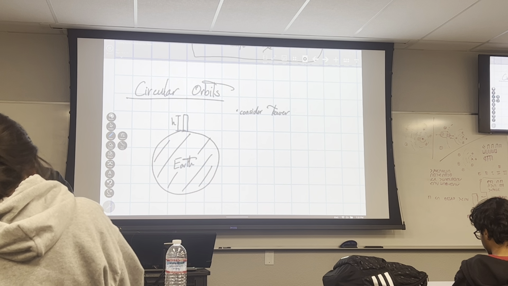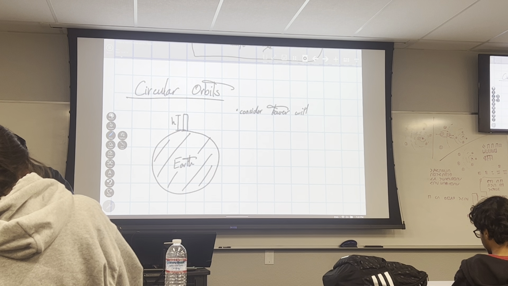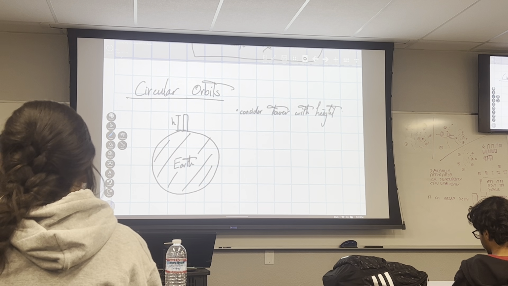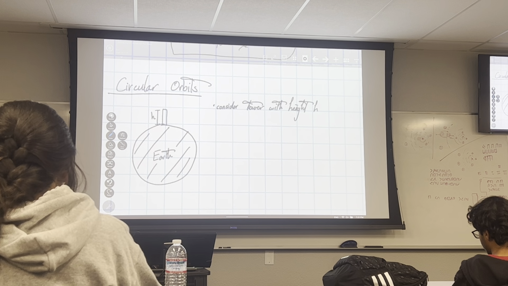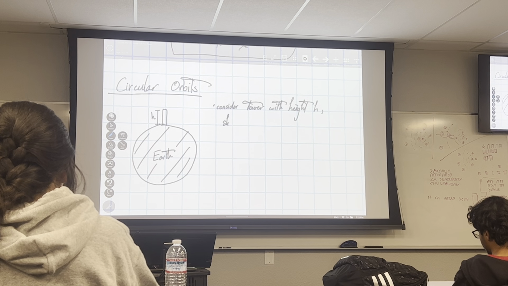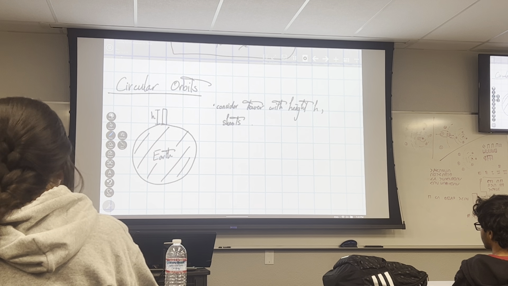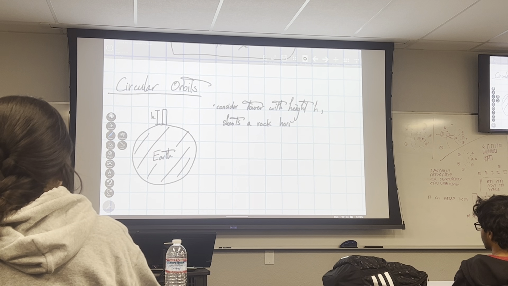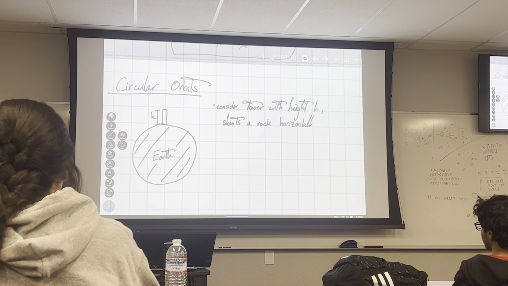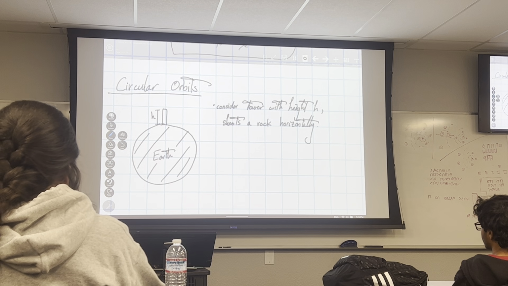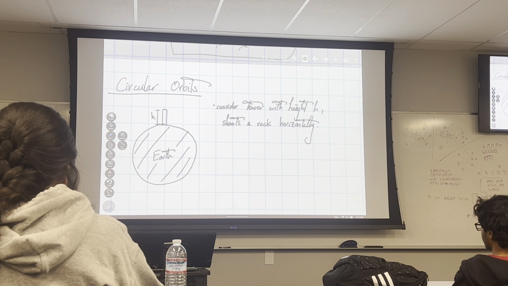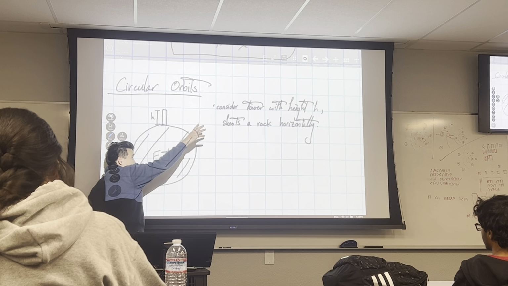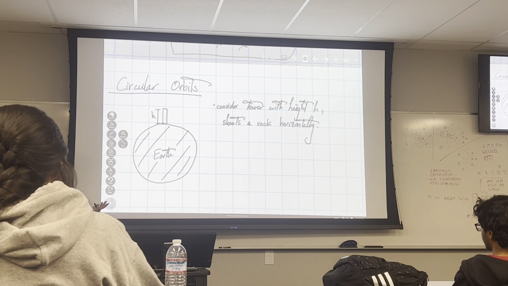So consider a tower with height H, and it shoots a rock horizontally. What we're going to do is just shoot a rock with continuously increasing speed, and then let's observe what's going to happen.